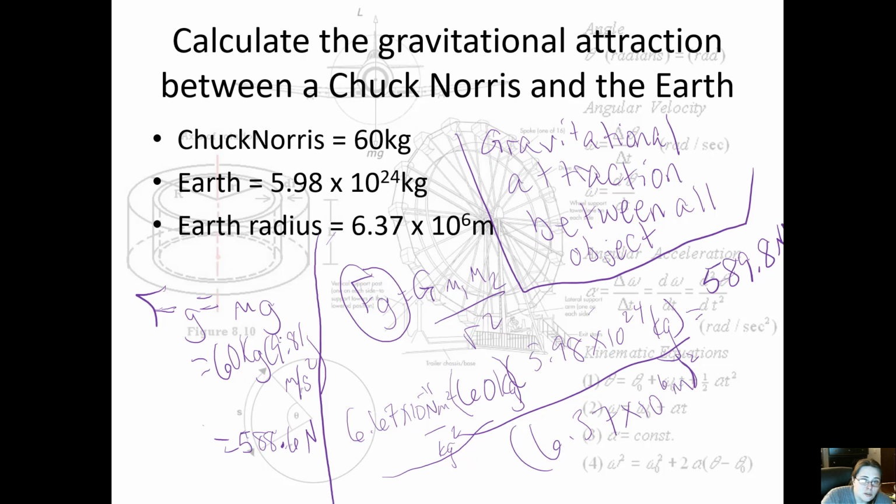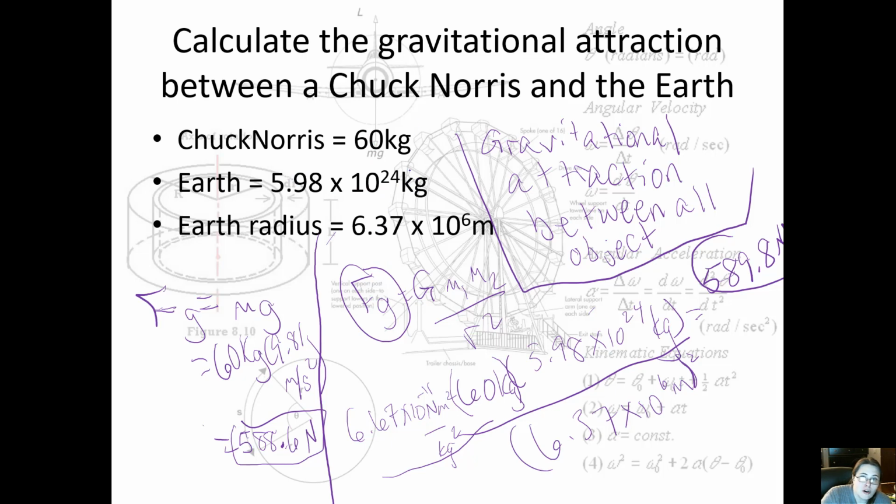Now, you might ask why there's a difference here compared to here. There's not a big difference, but that's because the 9.81 meters per second squared is an average of the acceleration due to gravity at different parts of the Earth, depending on how close you are to the center of Earth. So anyway, this is how you find it. The masses are not always 60 kilograms and 5.98 times 10 to the 24th kilograms.